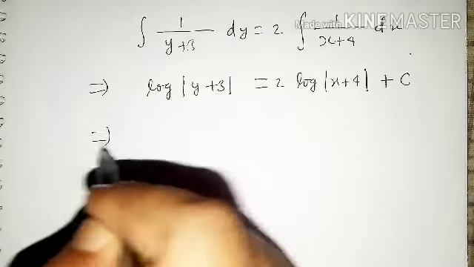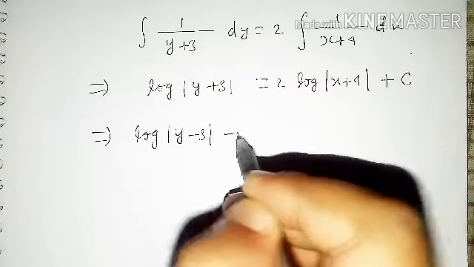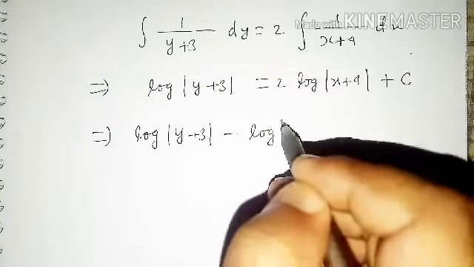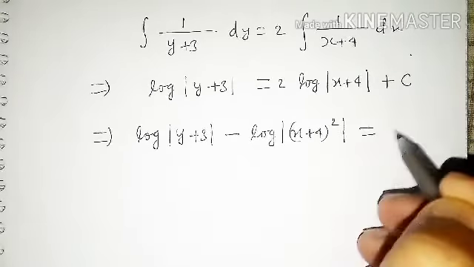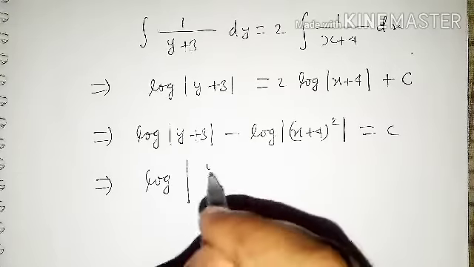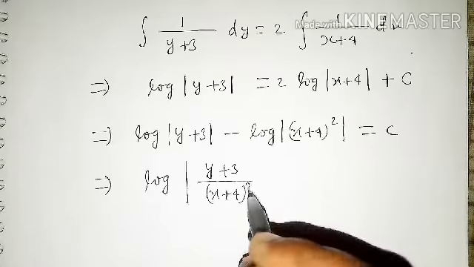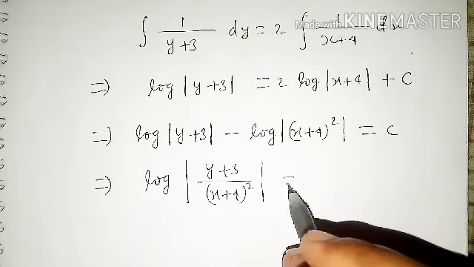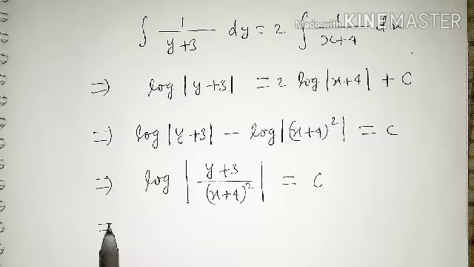This implies that log mod (y plus 3) minus log mod (x plus 4) whole square is equal to c. This implies that log mod of (y plus 3) by (x plus 4) whole square is equal to c.